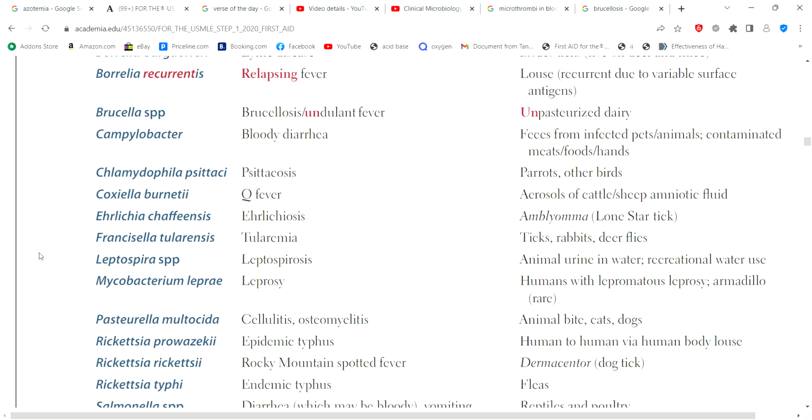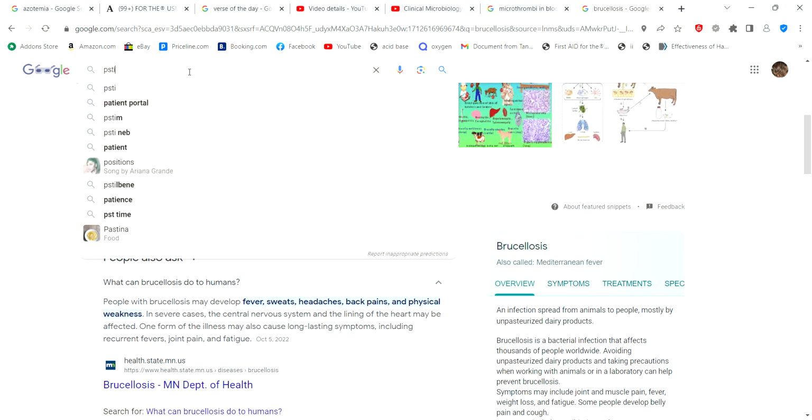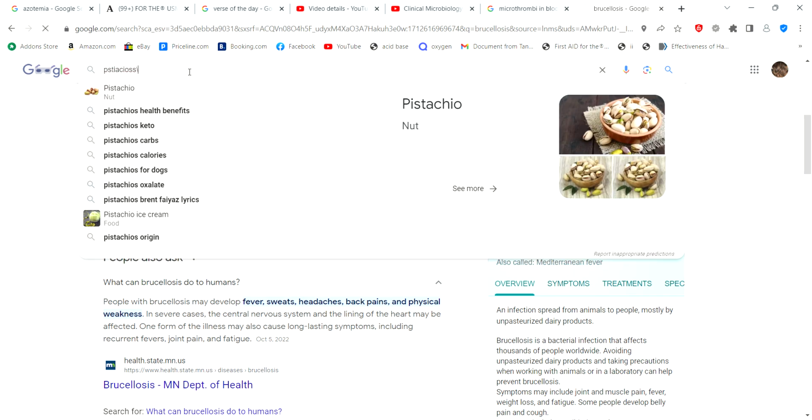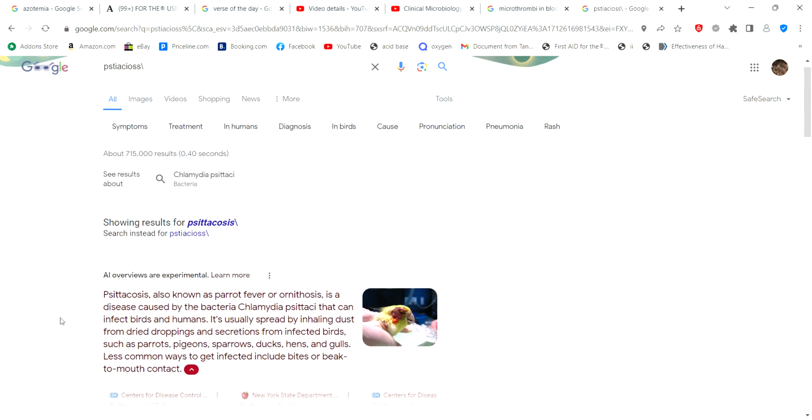Okay, now Chlamydophila psittaci is found in parrots and other birds. It causes psittacosis. Okay, what is that? I think that's a pneumonia. Okay, so parrot fever.